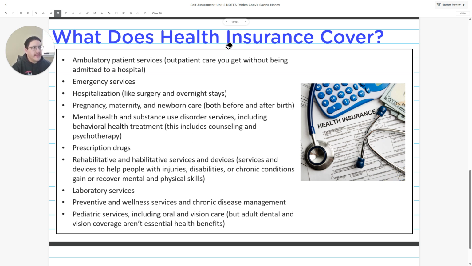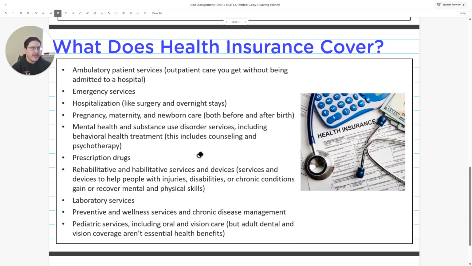But some things that health insurance covers: ambulatory patient services, so anything that involves ambulance, emergency services, hospitalization, pregnancy, maternity, and newborn care, mental health and substance use disorder services, including behavioral health treatment, prescription drugs, rehabilitative and habilitative services and devices, so things that help you back to functioning like your normal self, laboratory services, anything that involves the laboratory to test for certain things, preventative and wellness services and chronic disease management, pediatric services, including oral and vision care.